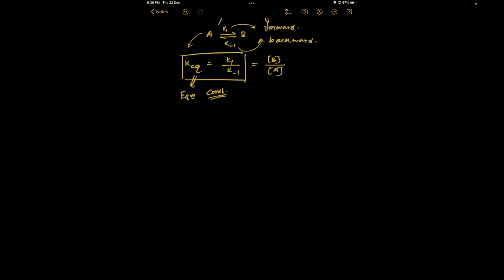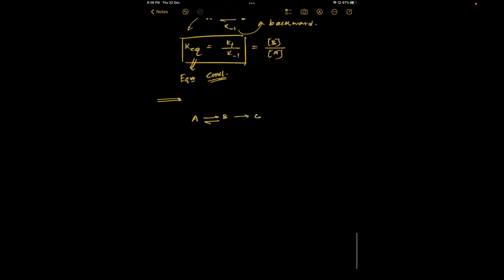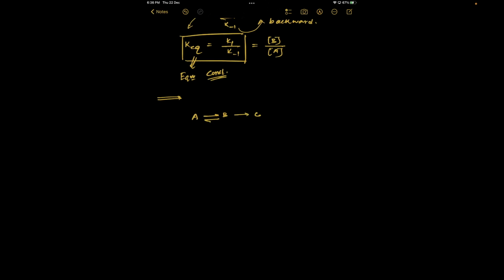Now let's do an example. Let's say this type of reaction scheme is given, where the rate constant for A to B is K1, from B to A is K minus 1, and B to C is, let's say, K2.